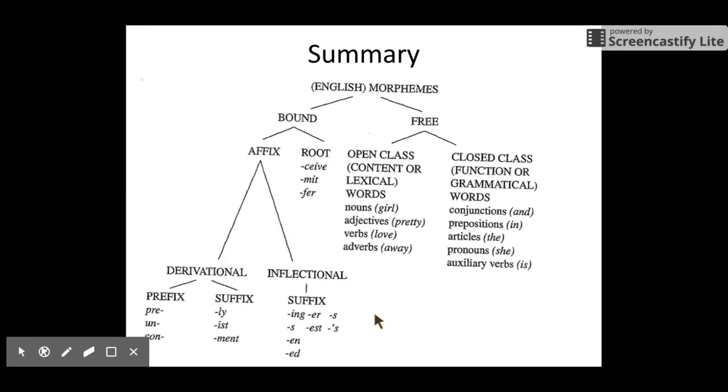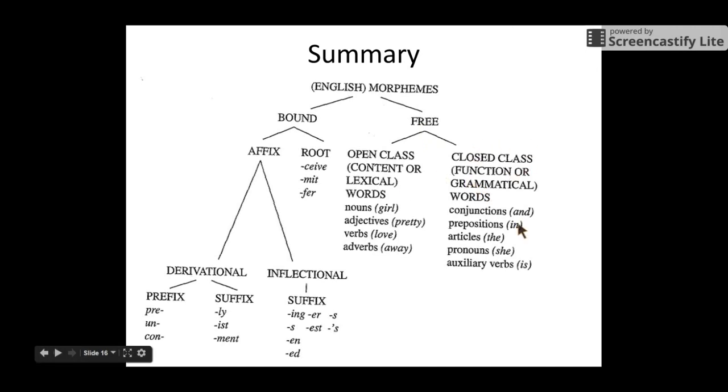Here's a summary of all the classifications of morphemes. The first classification is based on whether the morpheme can stand alone by itself. If we can do so, then we have a free morpheme. And if we cannot stand alone, then we have a bound morpheme. And there are two types of free morphemes.